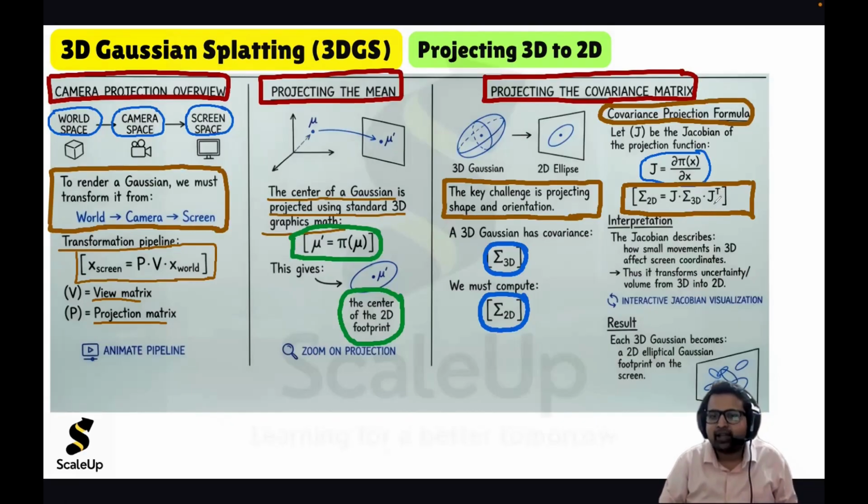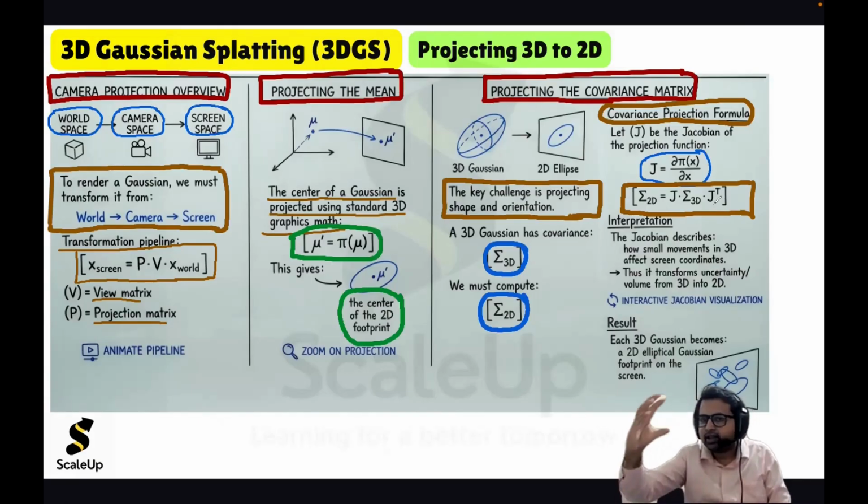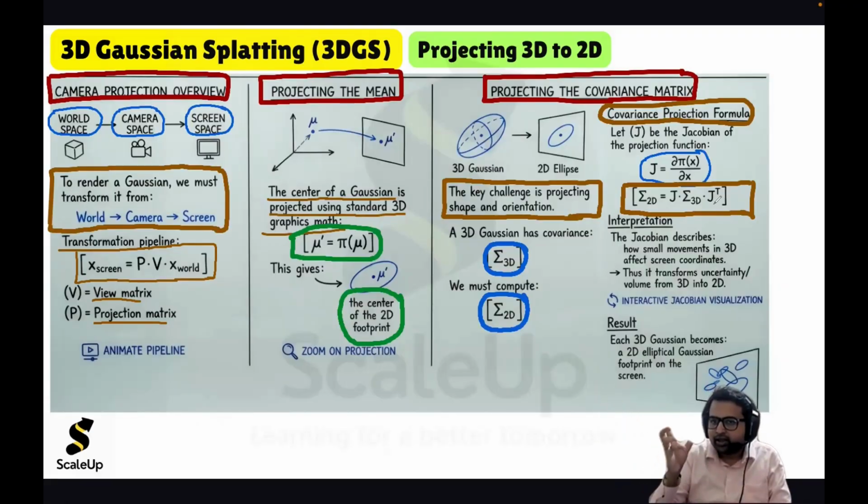What is happening is that the Jacobian scales, or takes care of, the perspective, because the 3D covariance matrix contains the size, shape and orientation in 3D space. When I multiply with the Jacobian, and multiply the result with the Jacobian transpose, the result is a 2D covariance matrix containing the size, shape and orientation of the 2D Gaussian in 2D space, like the 2D ellipse.